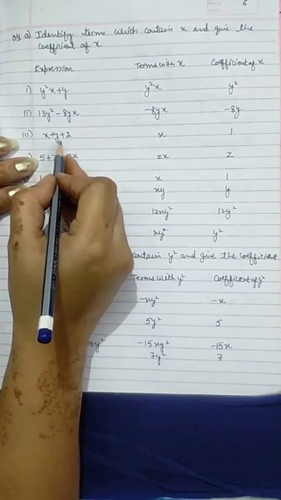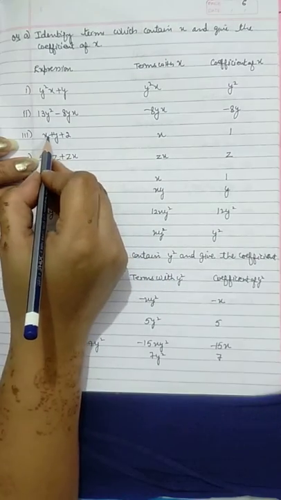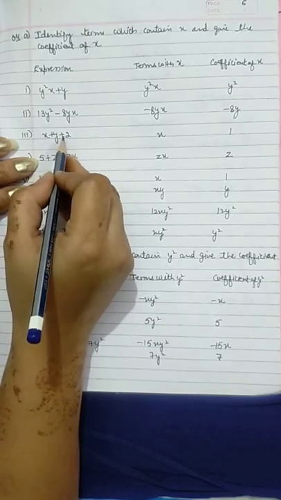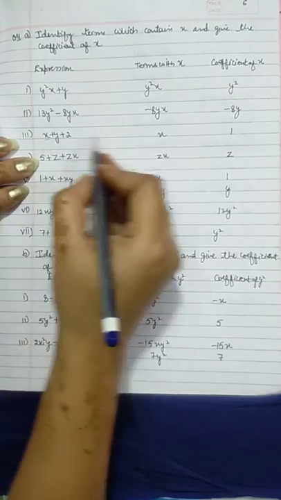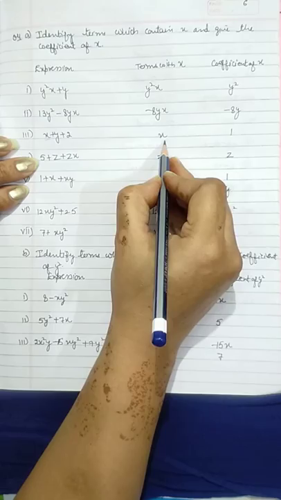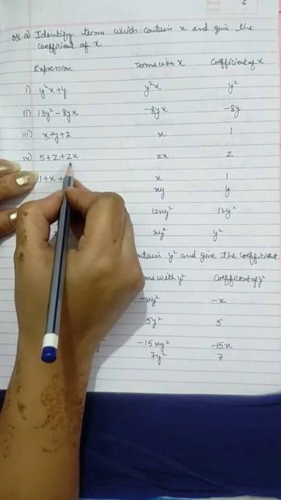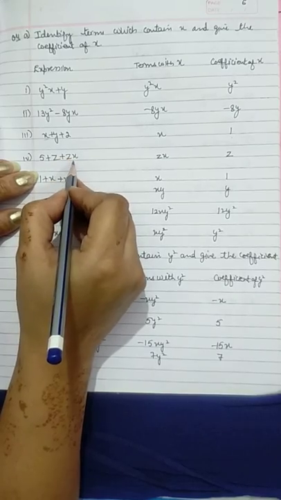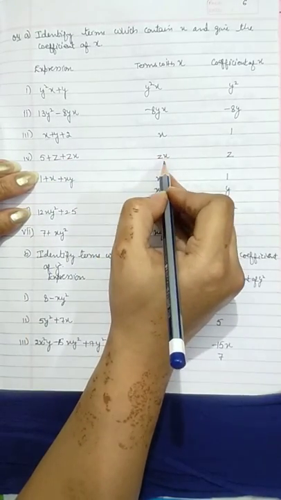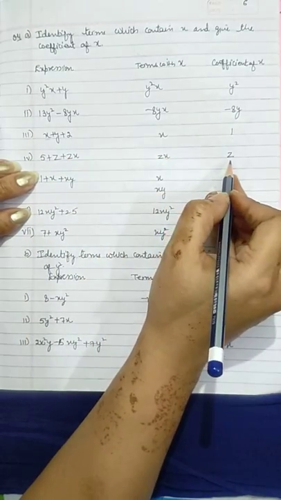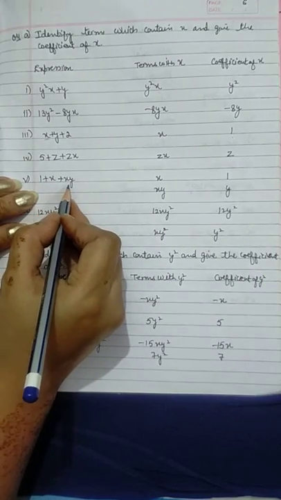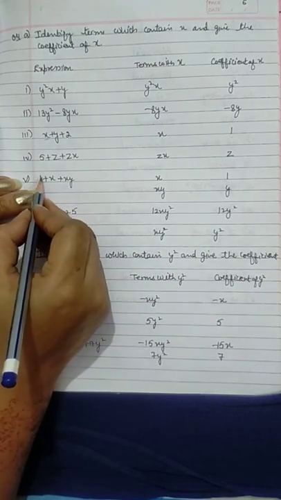Same here, x plus y plus 2. There are 3 terms in this expression, and we'll take x first. Write x and its coefficient will be 1 only. Then 5 plus zx: this term contains x, so the term is zx and the coefficient is z. Then 1 plus xy: we will not take the 1.